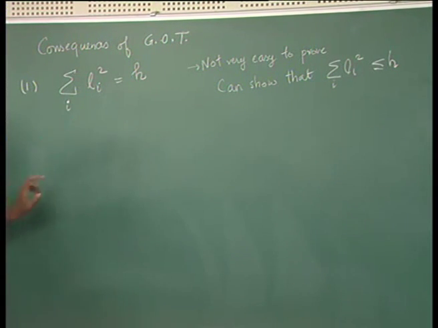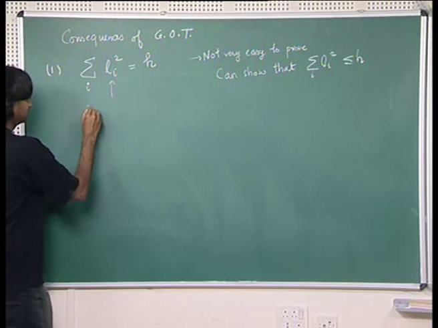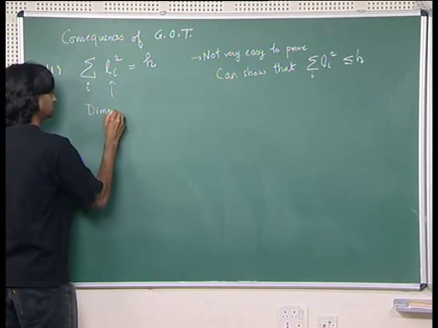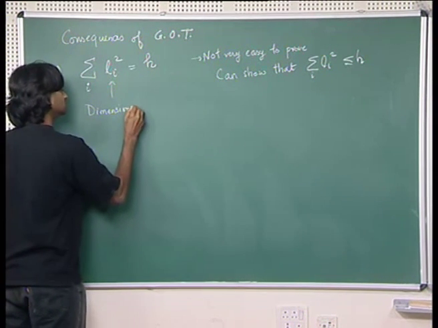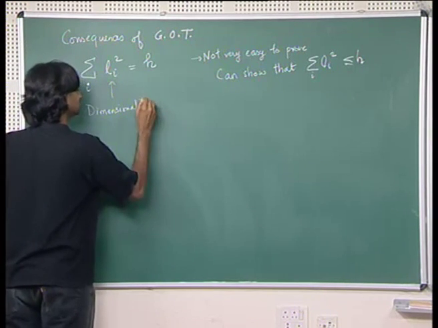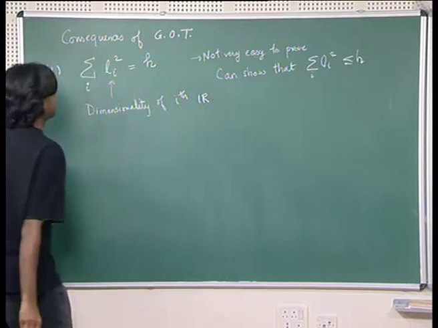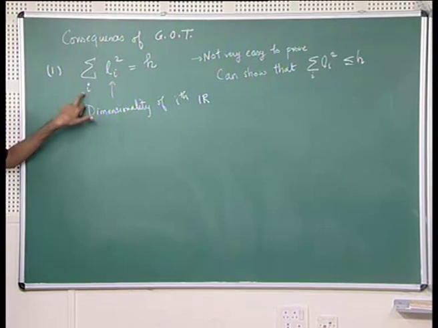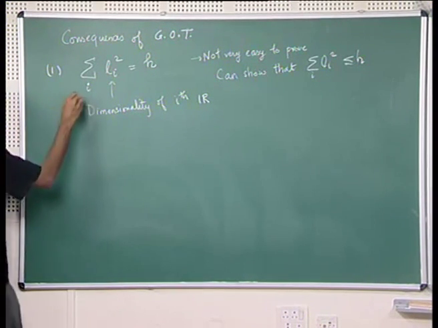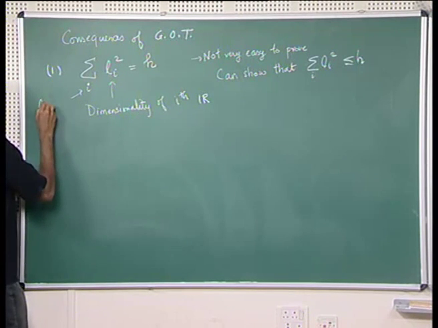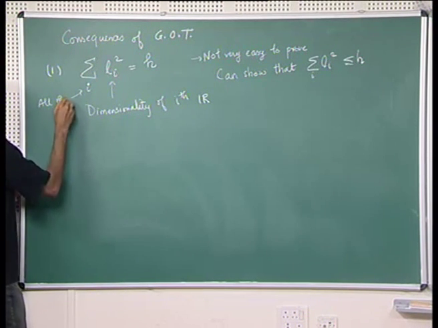Now, this is the dimensionality of the ith irreducible representation, and you are summing over all the possible irreducible representations.